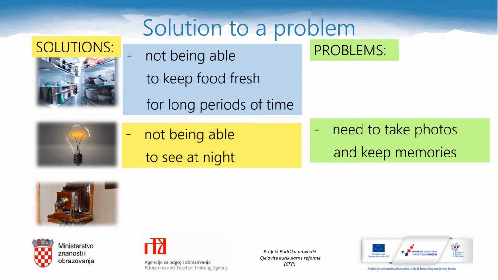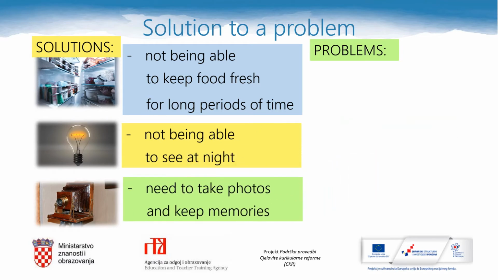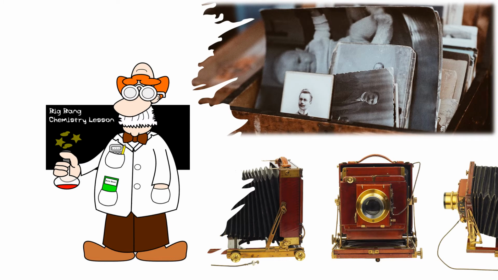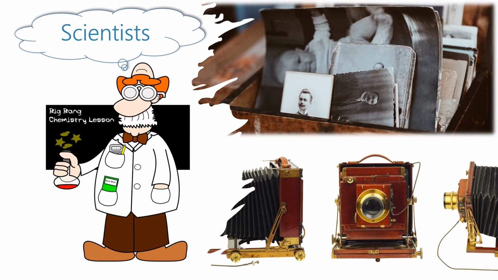And a camera was a solution to a need to take photos and keep memories. Who invented these solutions? People called scientists. They don't only invent new things, they also improve the old inventions. They try to make new and better versions, like a camera, for example.